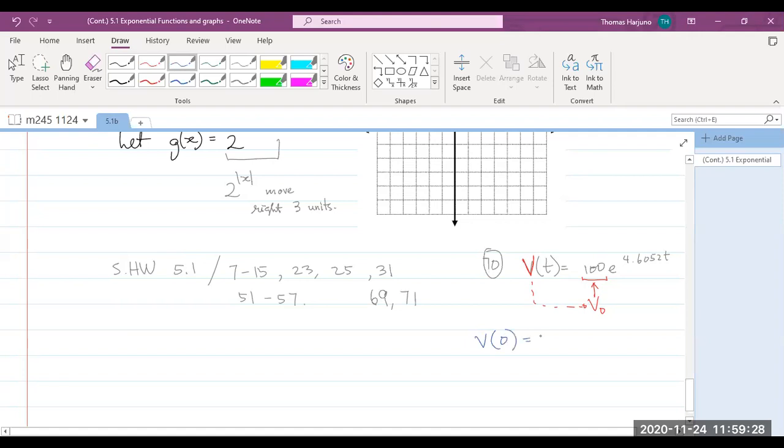V0 equals 100 e to the 4.6052 times 0. That's 100 times e to the 0. That's 100 times 1, which is 100. So the initial value, this 100 here, is always the same as the coefficient of any exponential function.